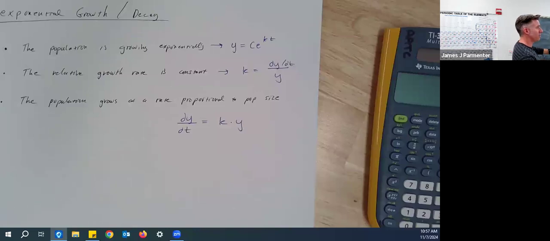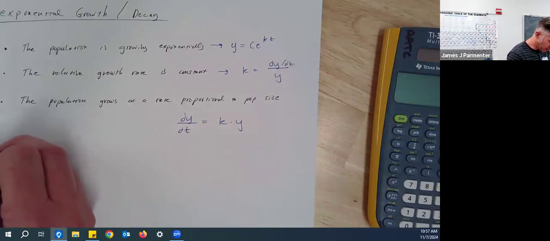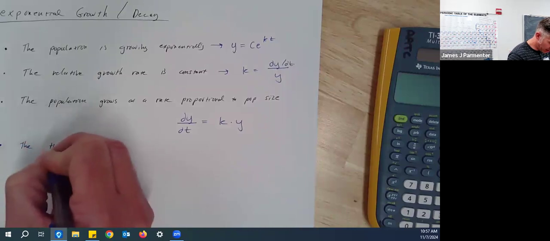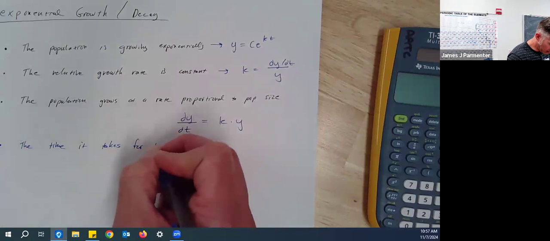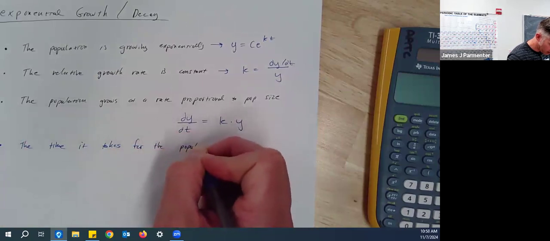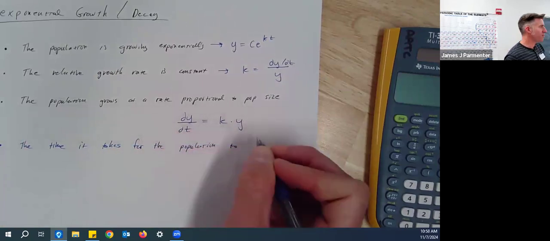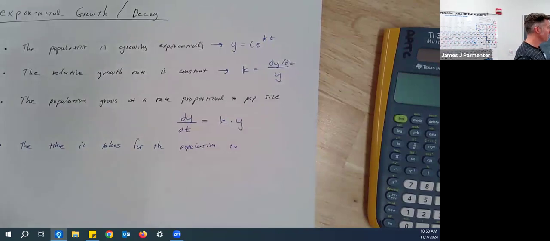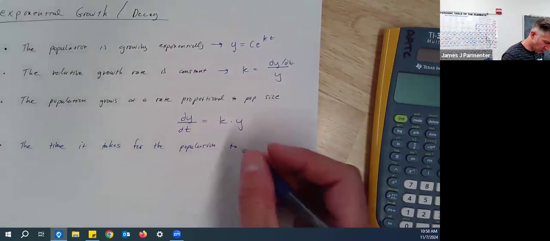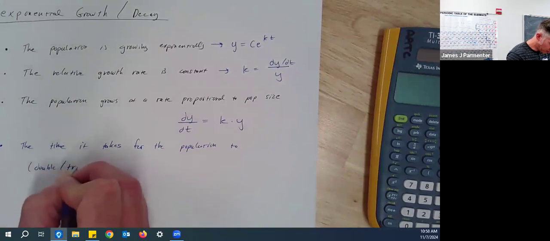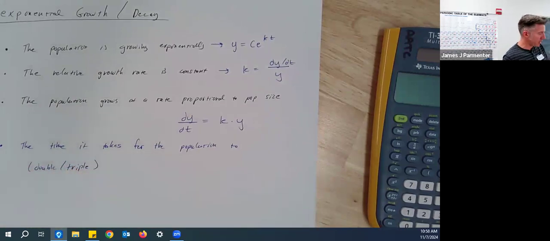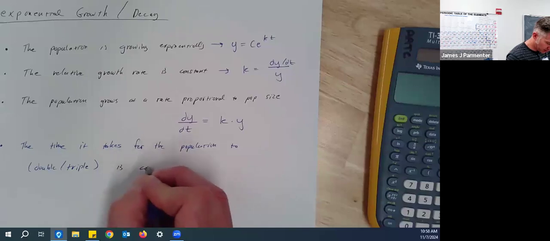So then what I was trying to get back to was the kind of telltale thing, and I should say there's one more thing to say here. The time it takes for the population to multiply by any particular constant, like for the population to double, triple, whatever multiplication factor you want to pick, is constant.